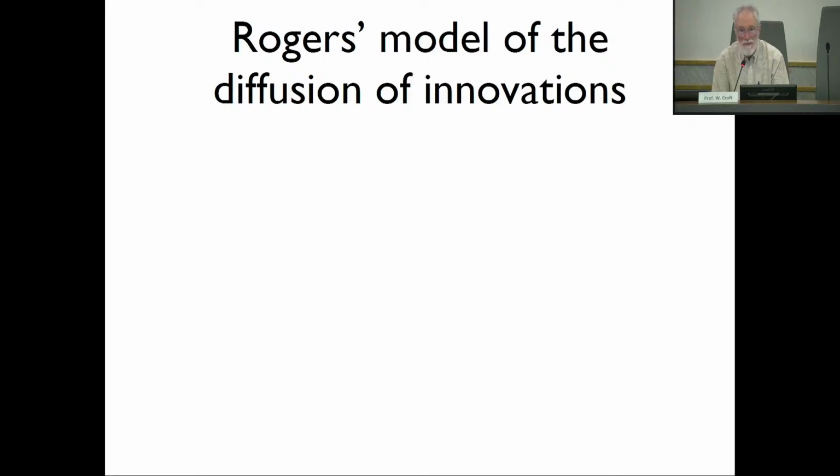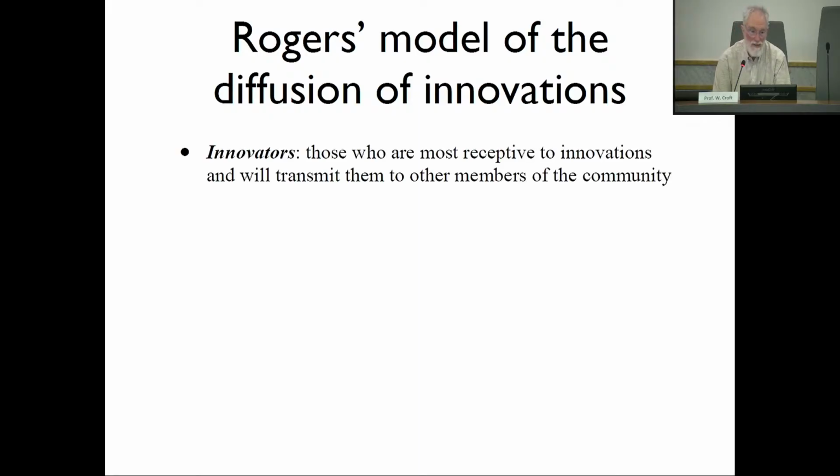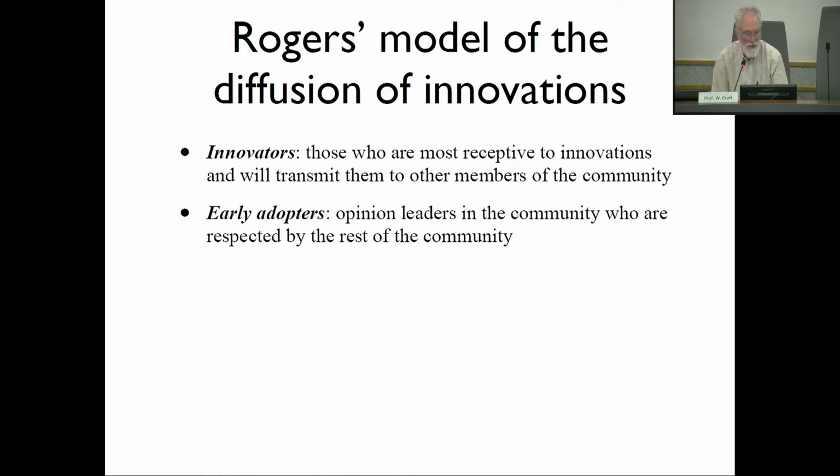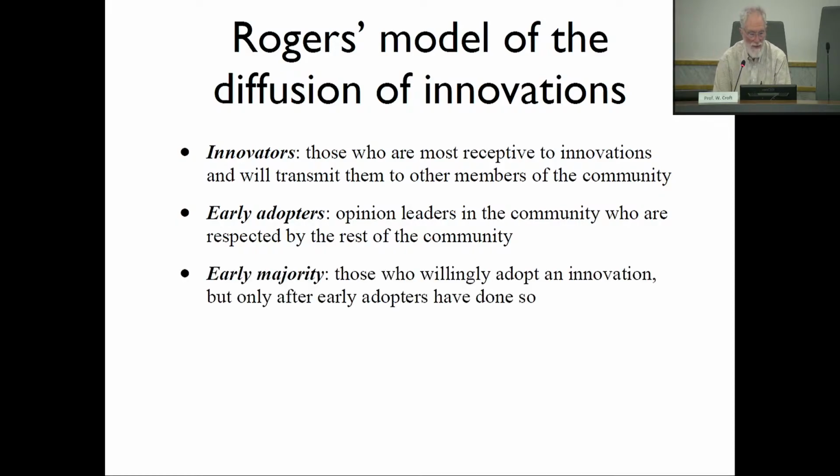He has an elaborate one where he has five groups. The first is the innovators, who are most receptive to innovations and will transmit them to other members of the community. Then you have early adopters, opinion leaders in the community who are respected by the rest of the community. They'll pick up those innovations from the innovators. Then the early majority are those who willingly adopt an innovation, but only after the early adopters have done so.